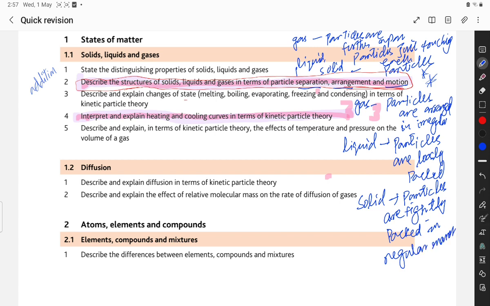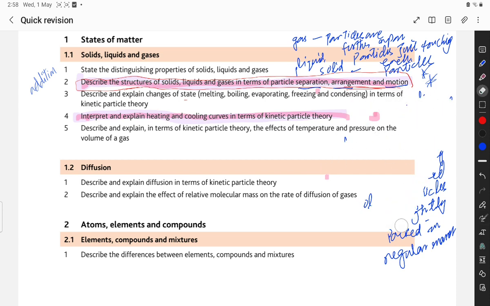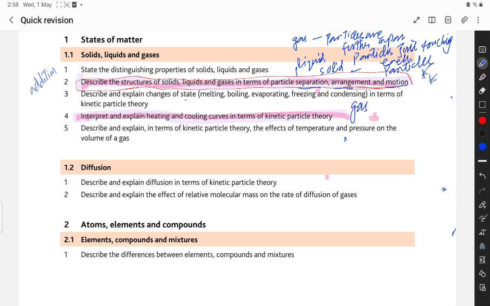While discussing the motion, in case of gas, random motion. In case of liquid, particles slide over each other.